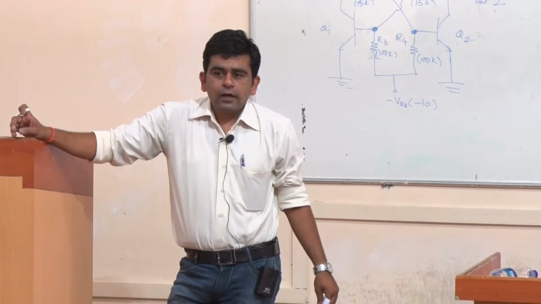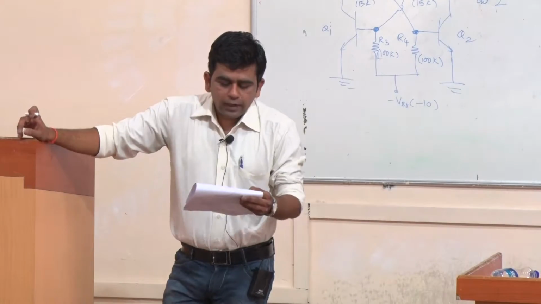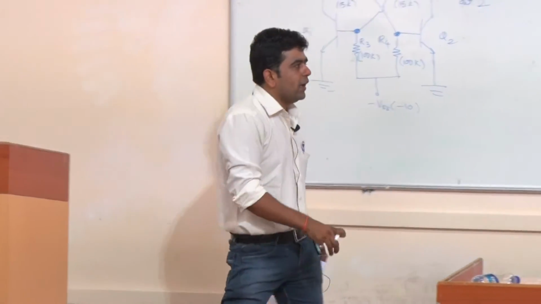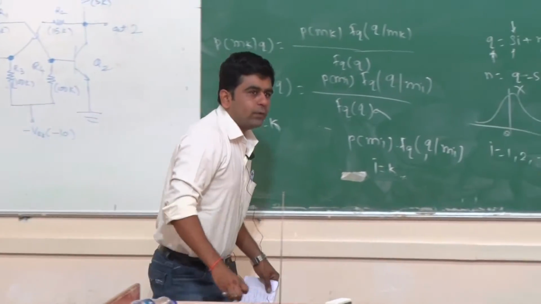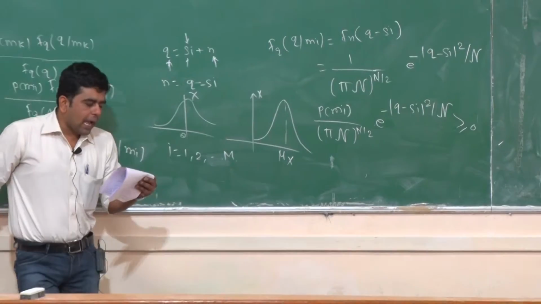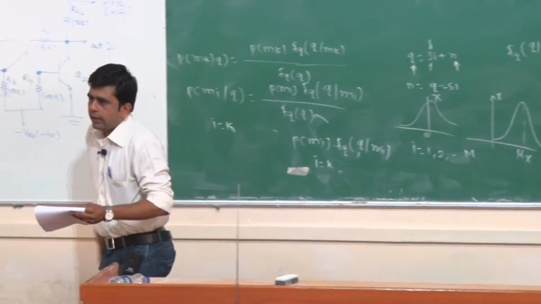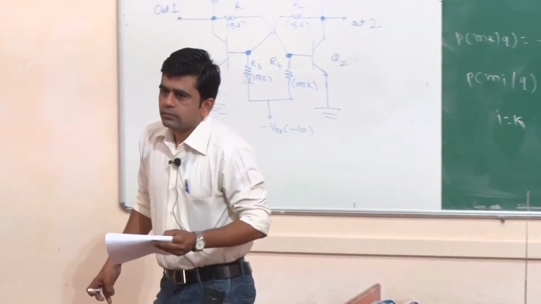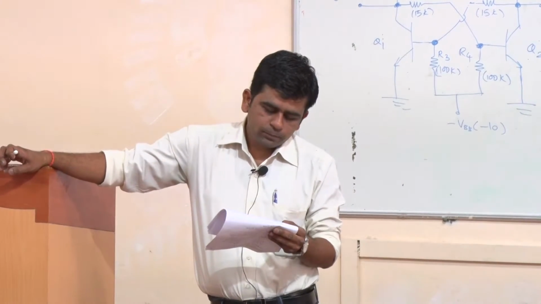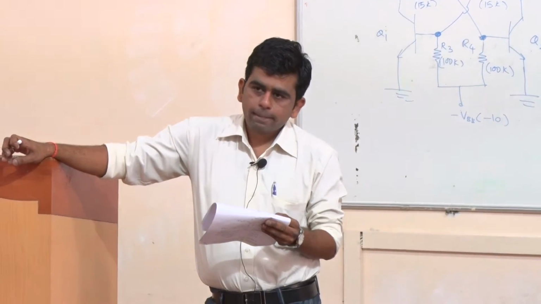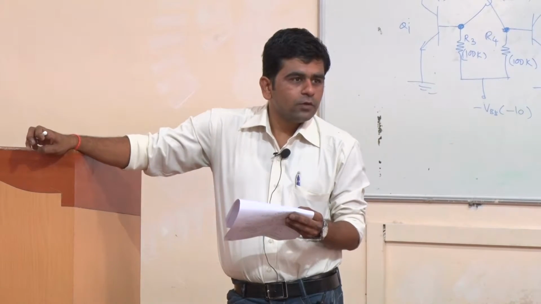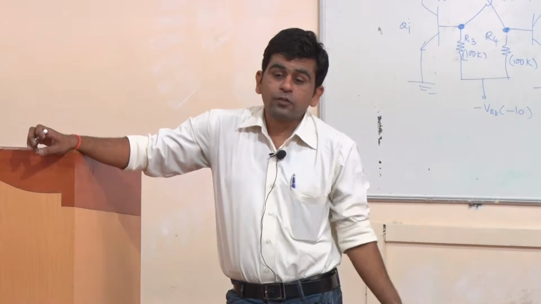As this quantity is non-negative, it is always greater than or equal to 0. We have to apply the logarithm. As this quantity is non-zero, we take the logarithm of this function.